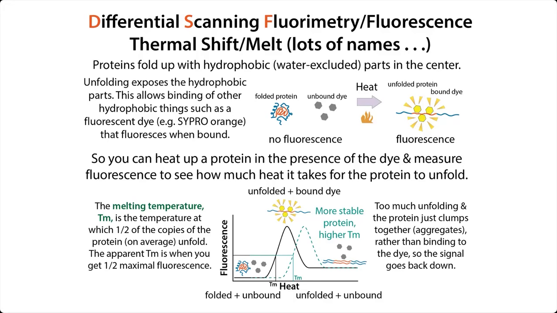Those hydrophobic regions are typically hidden on the inside of the protein, away from the water. But when the protein unfolds, they come into contact with the liquid, which contains the dye, and the dye binds to the protein and fluoresces. So you measure the fluorescence to see when the protein unfolded, and the more heat it took to see that fluorescence, the sturdier the protein.